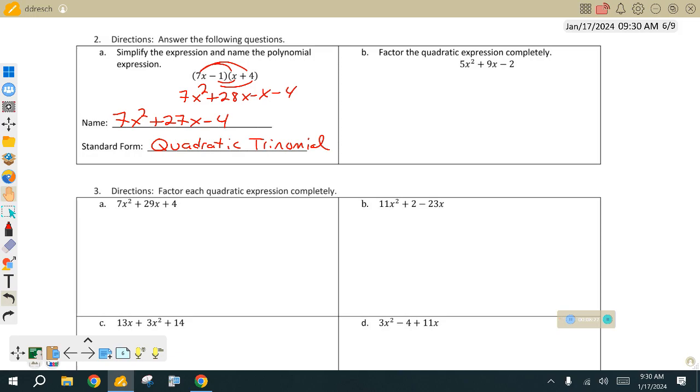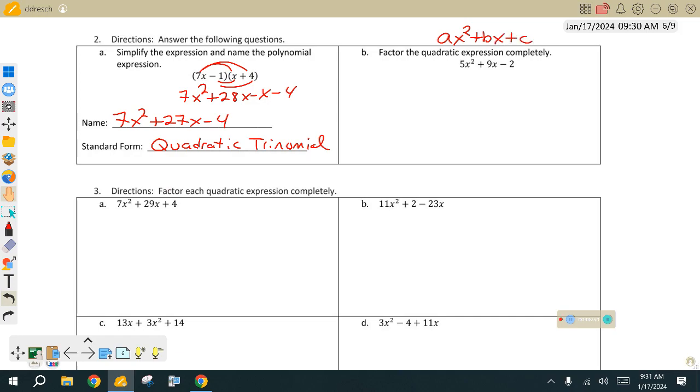Let's practice it out. That's where the big skill is at right now. All right, let's do this. As we do this, first thing is make sure you're in standard form. If you're not in standard form, rearrange it, but we are. Cool. Next thing is, let's identify the A, B, and C. The A, B, and C, remember, comes from that standard form, ax squared plus bx plus c.